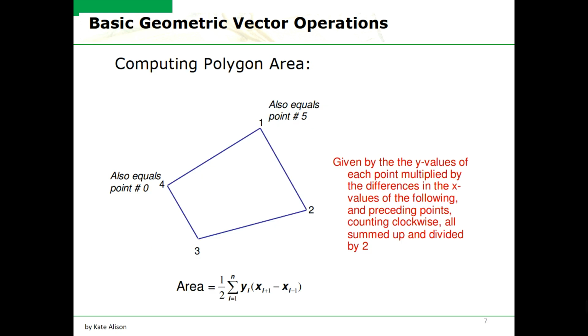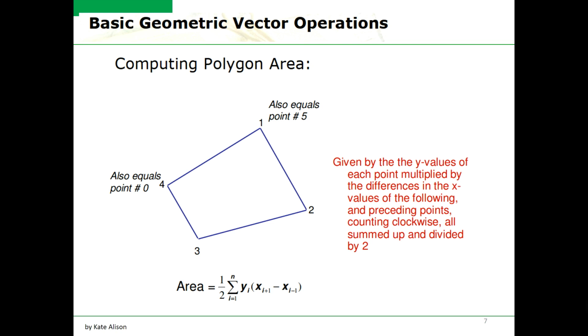Computing polygon area also belongs to the basic geometric vector operations. This is an extremely popular as well as common vector operation. For example, when you have a polygon such as the boundary of your country or your study area, and you would like to compute the area of this polygon, how do we do this?